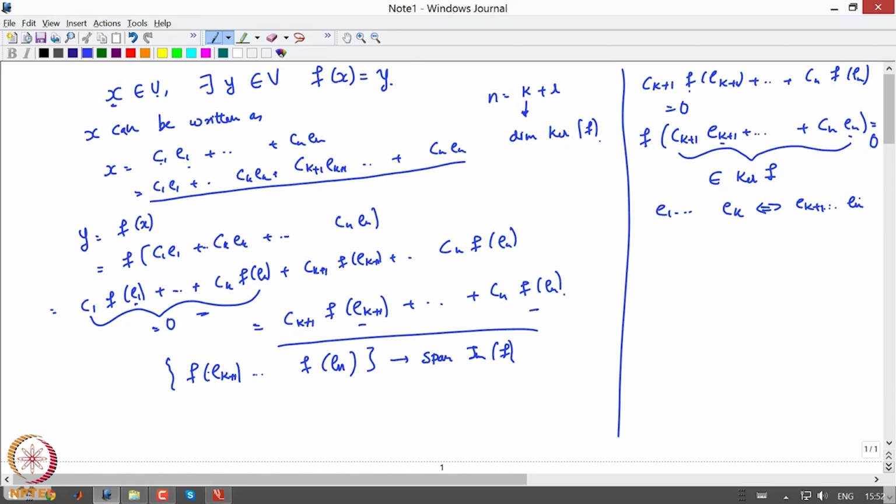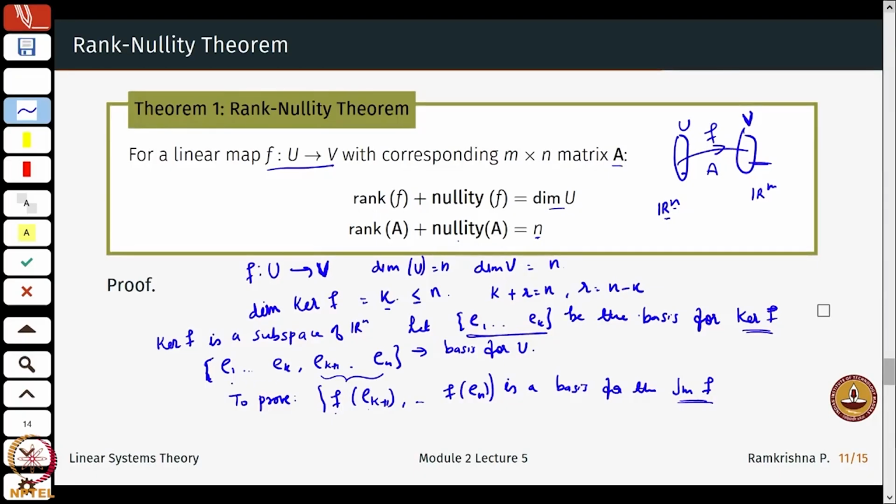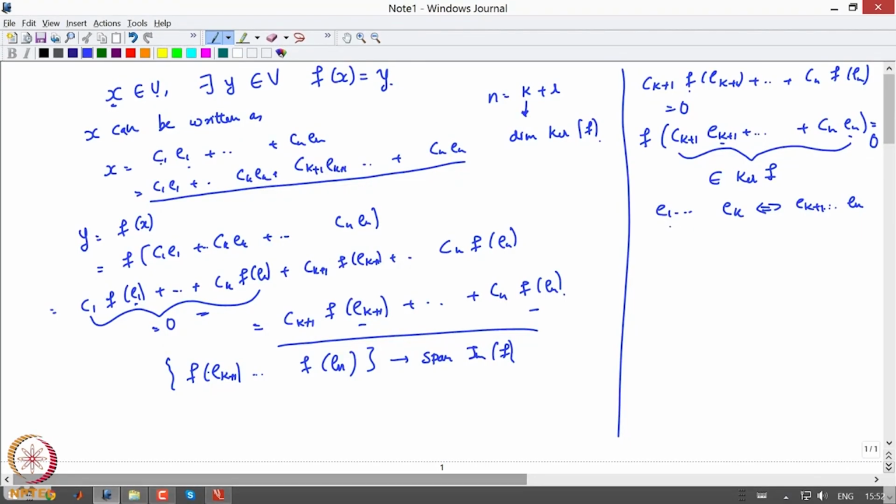Now, what are these e_1 till e_n? These were the basis for R^n, right, which means that this actually is a contradiction, that I cannot write it in this way, right.